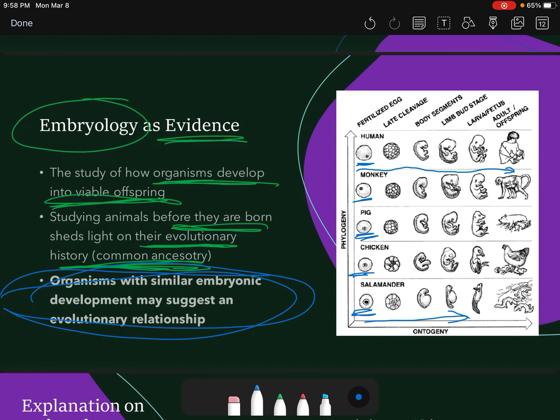In each of these stages, you will see, for example, that these 3 look very similar, while these 2 are going to look more similar to each other.